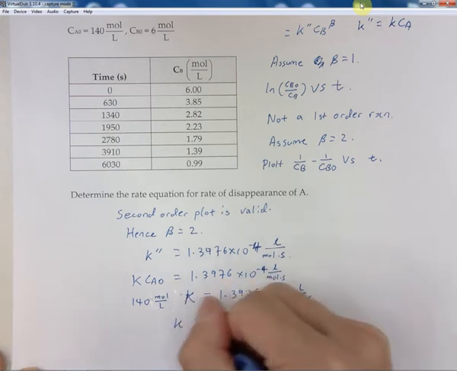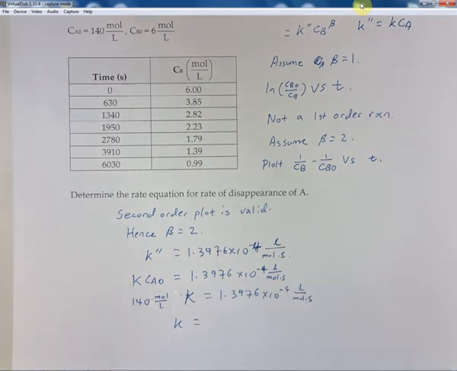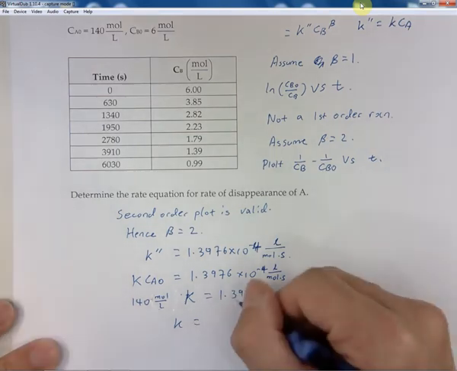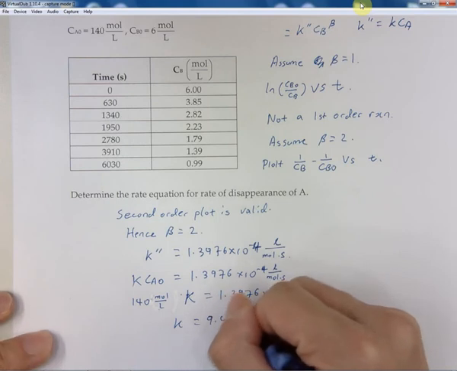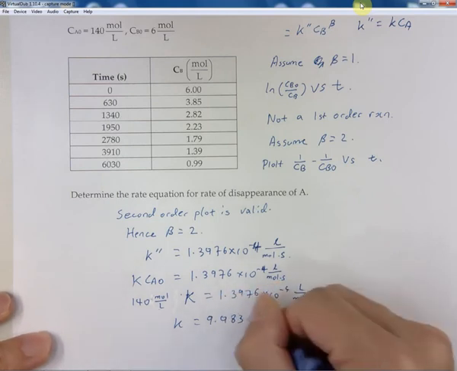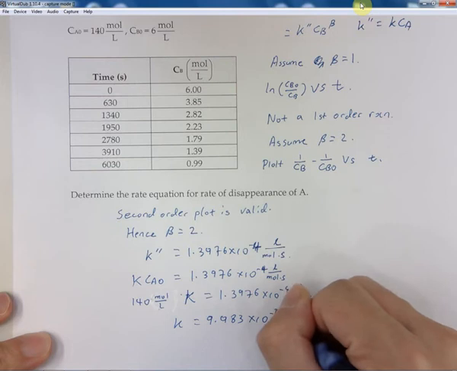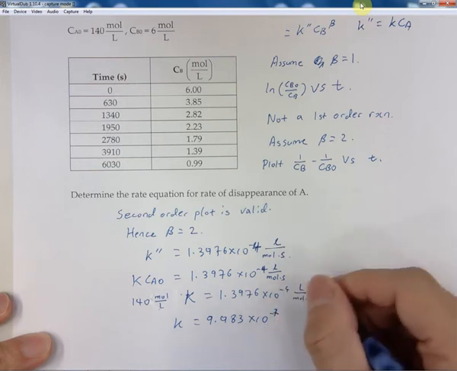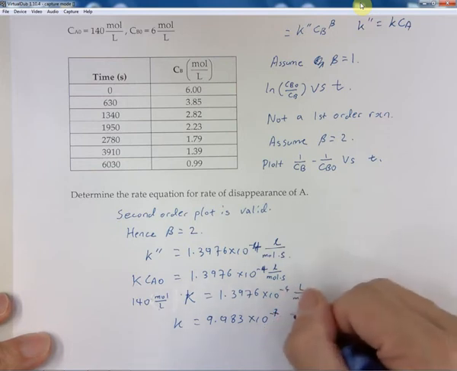So k from here, if we solve for k, you'll find that k has a value of around 9.983 times 10 to the power minus 7 liter square per mole square per second.